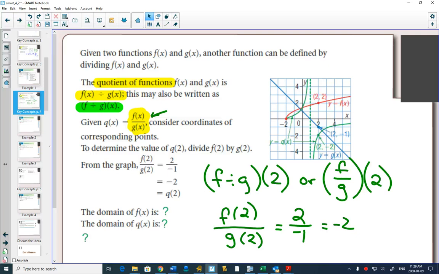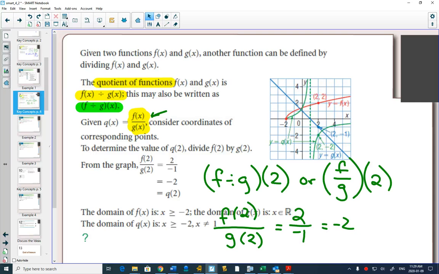And just like adding, subtracting, multiplying, dividing, you have not nice notation and nice notation. The difference for dividing is the domain. The domain of f of x was bigger than 2, and the domain of g of x was everything. In adding, subtracting, and multiplying, you can only operate where both domains are.